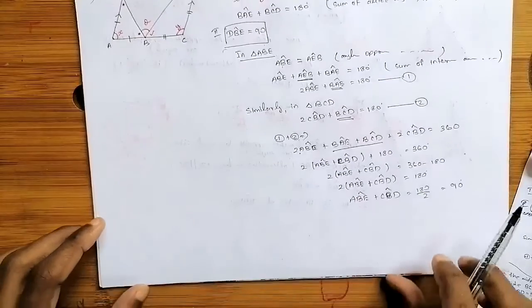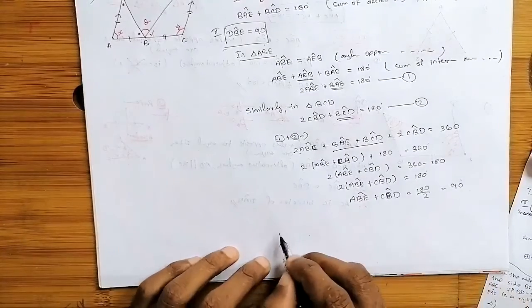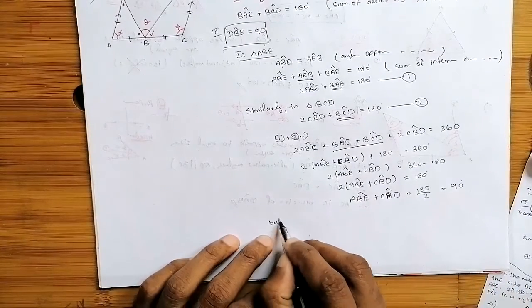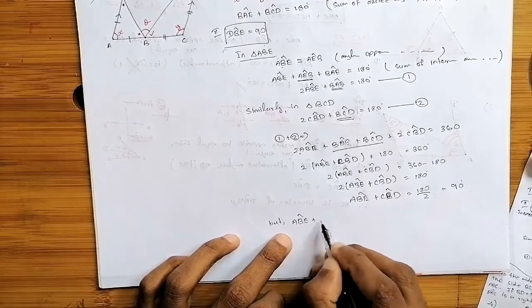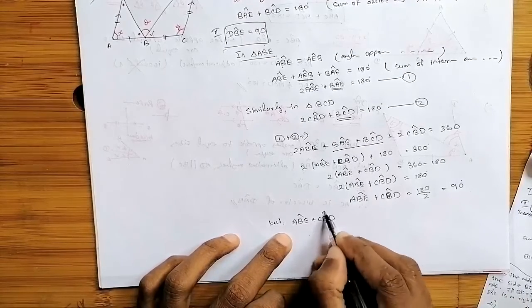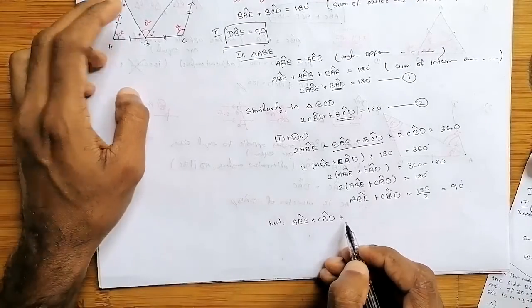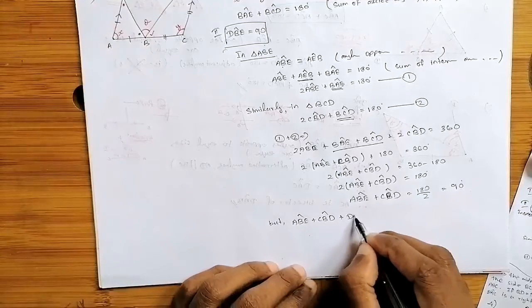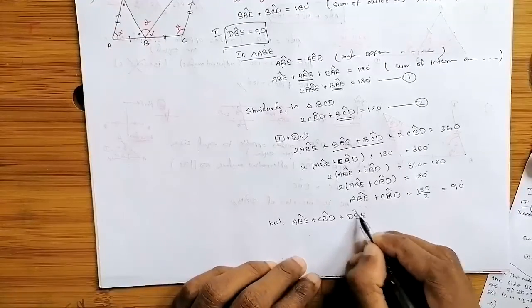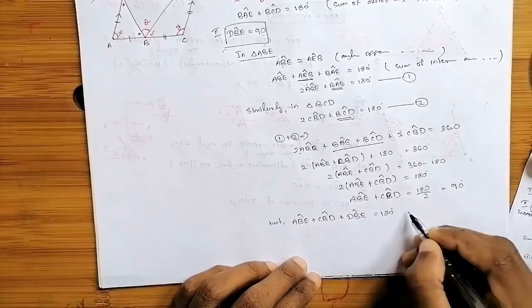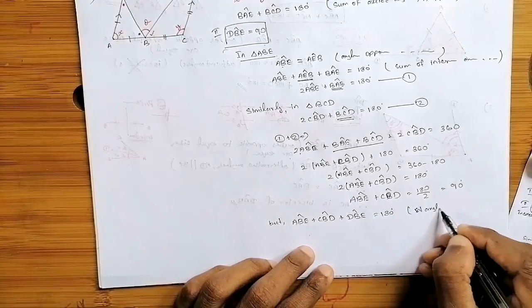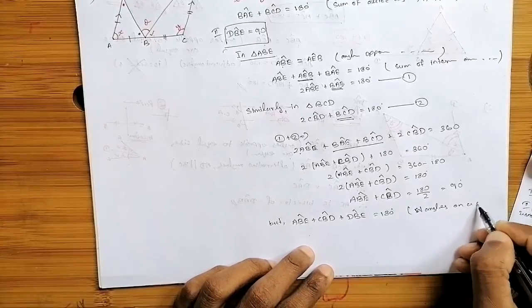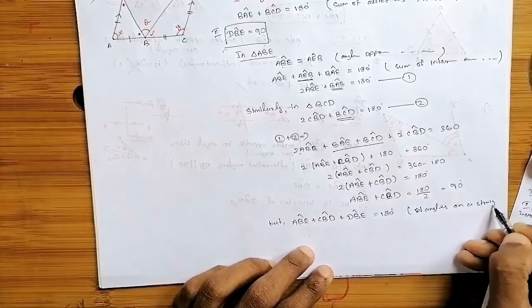So what about these three? It is 180. So that is where we are going. ABE plus CBD plus DBE, that is the angle we need to find, is equal to 180. Why? Angles on a straight line.